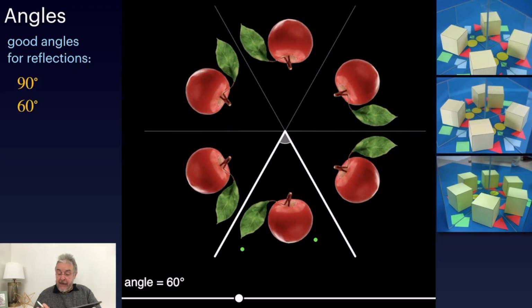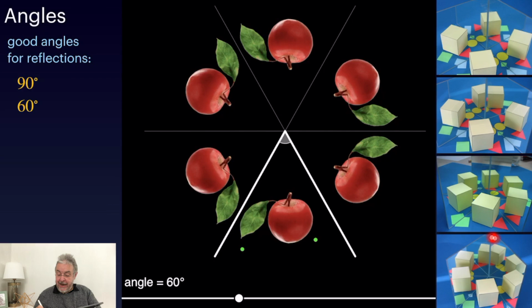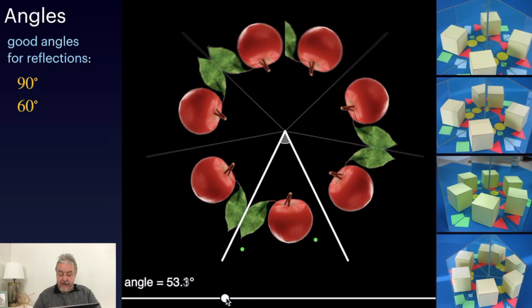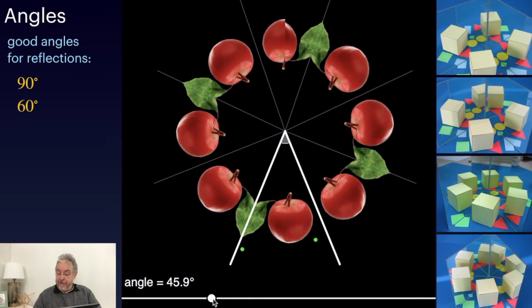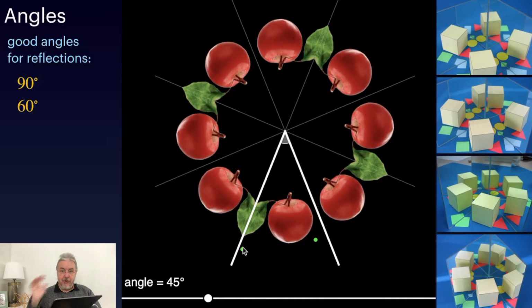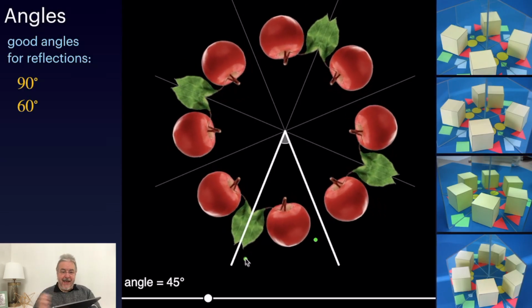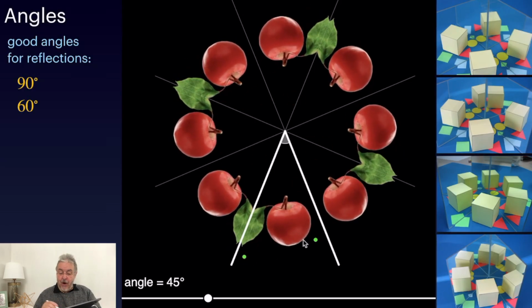And you again see, if you make this angle a little bit smaller, things start to break up again, and you may ask, what is the next good angle? And you may already guess it, the next good angle is 45 degrees. Now you should start to think, what do these angles have in common?